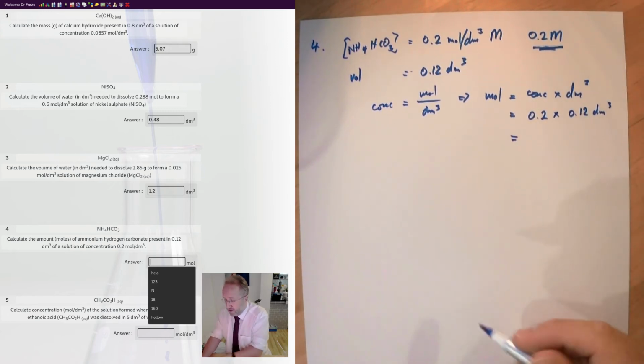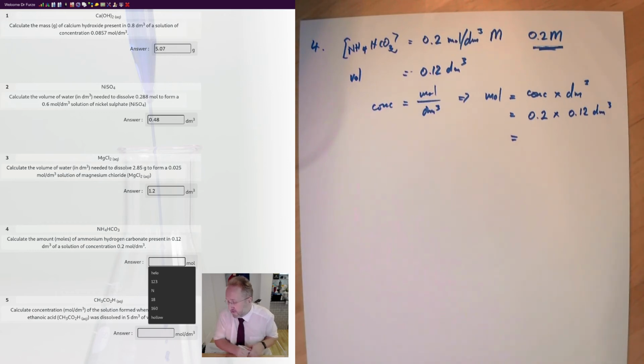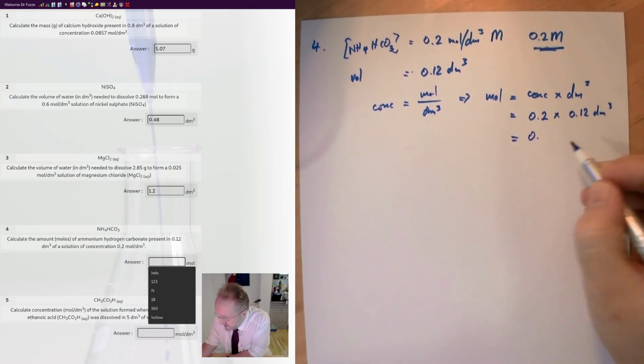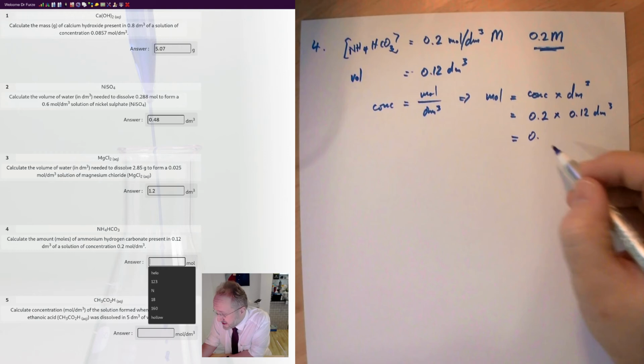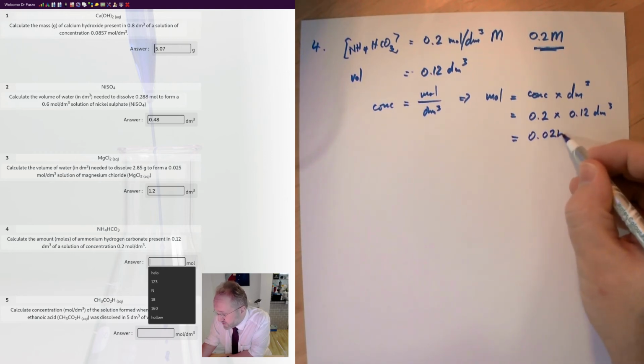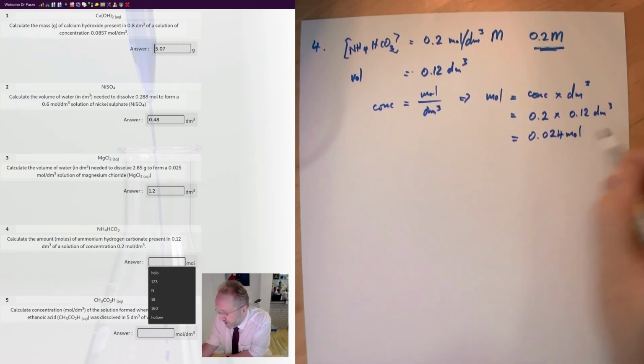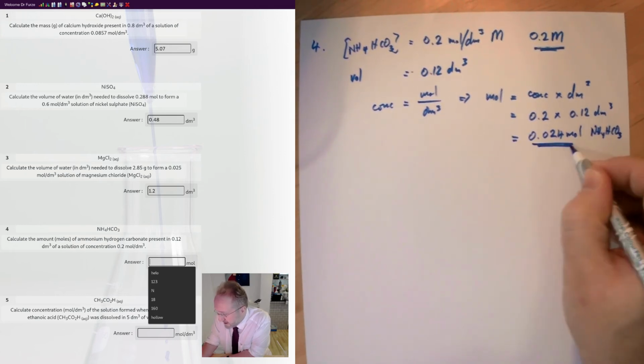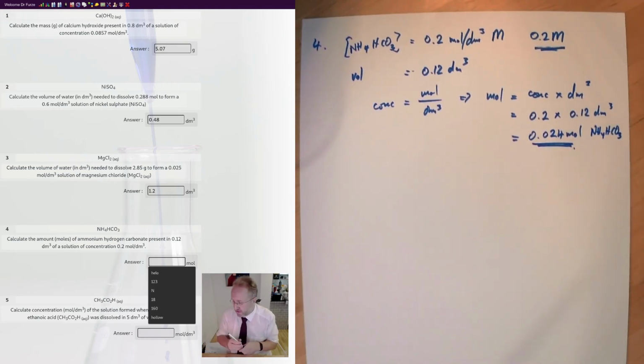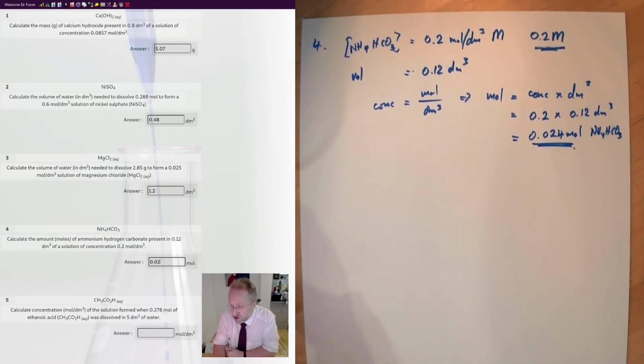So the number of moles we have is going to be, double it and divide by 10, 0.024 moles of ammonium hydrogen carbonate. Okay, so let's put that number in, 0.024 moles, and it's filled in the unit already. Okay, now the last one.